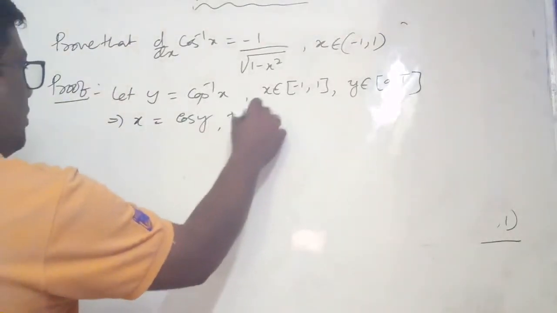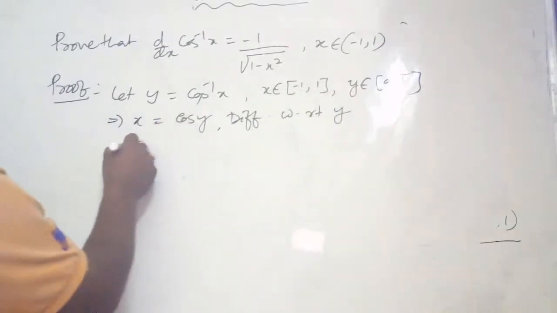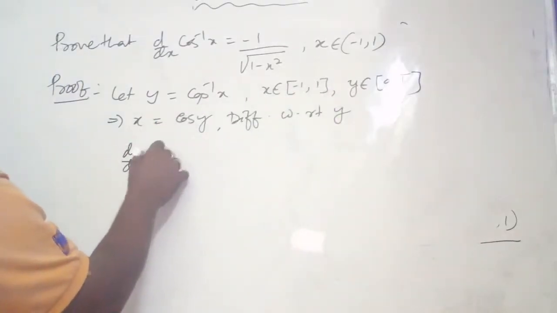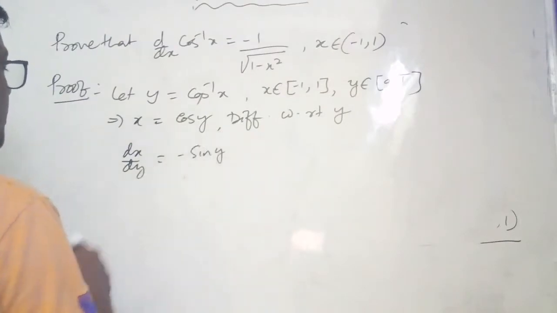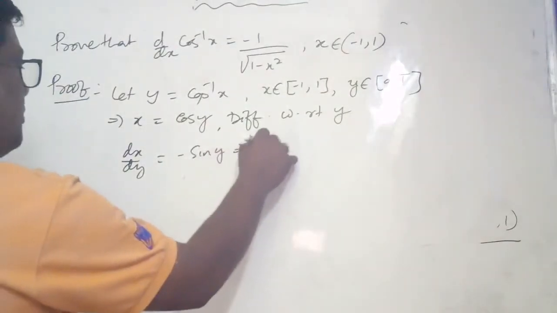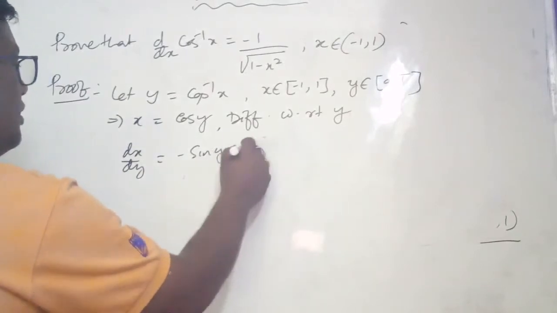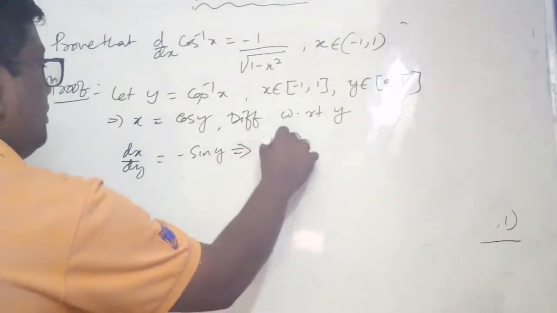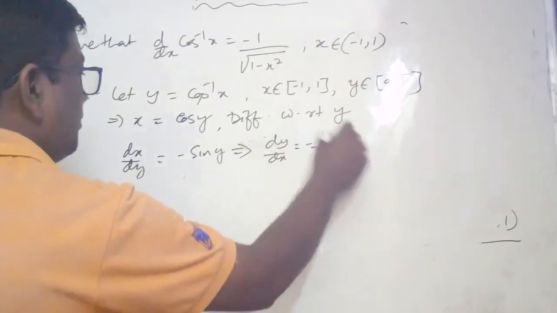Differentiate with respect to y. So dx by dy is equal to minus sin y, that implies dy by dx is equal to minus 1 by sin y.